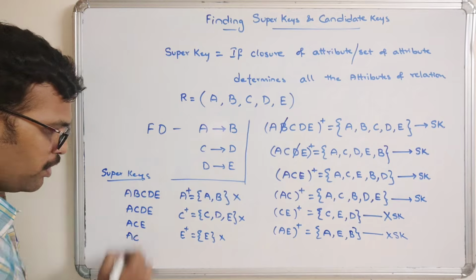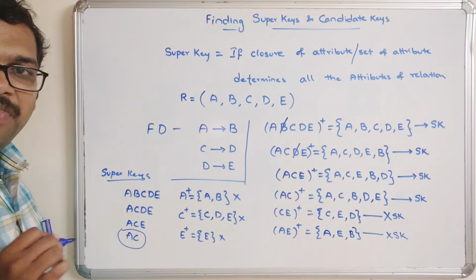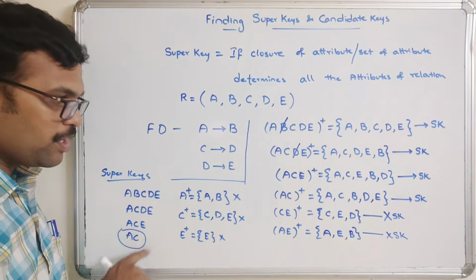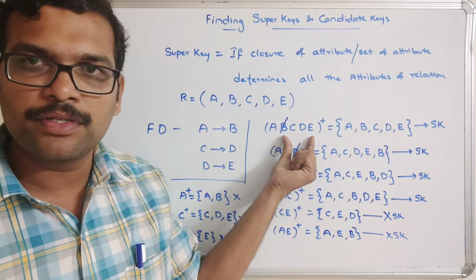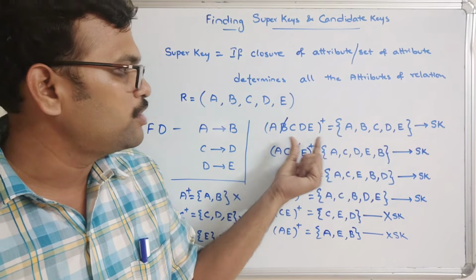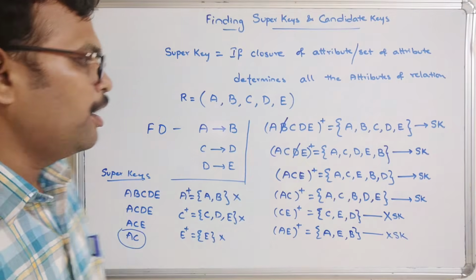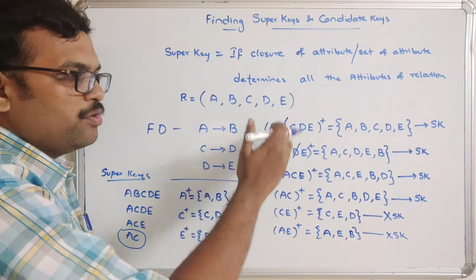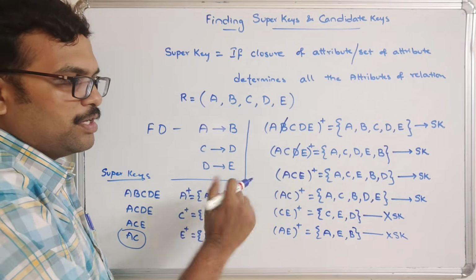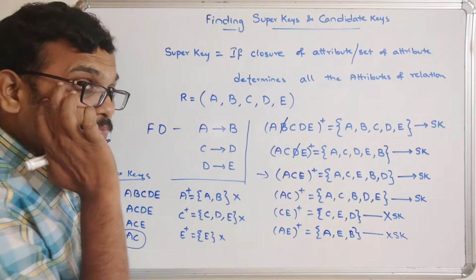AC, among the super keys, is the minimal set of super keys. So once again I am repeating. First let us take the closure of all the attributes, so that it can determine all the attributes, which gives the super key. Now from the functional dependencies, try to reduce the number of attributes. Up to here we can reduce, and from these attributes we can't reduce further.